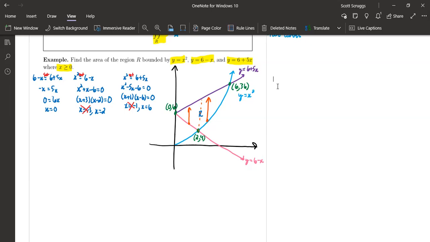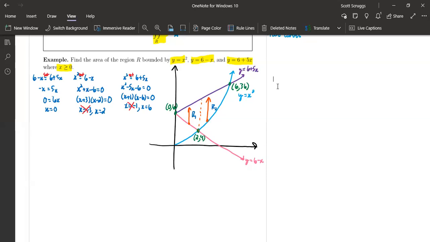If that does occur, then what's going to happen is your region R is split into two separate regions that I'll denote as R1 and R2. R1 is where my lower curve is 6 minus x, and my upper curve is 6 plus 5x.